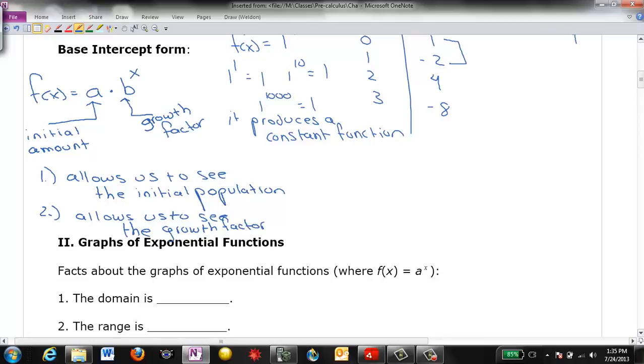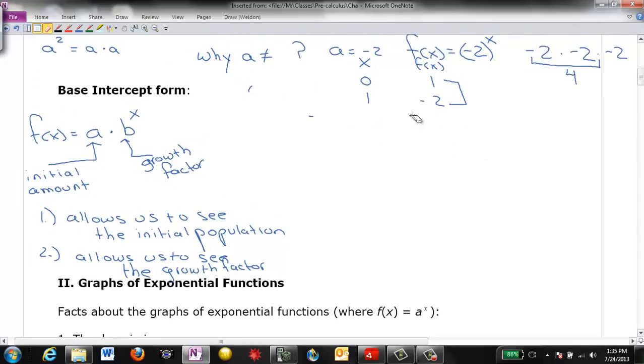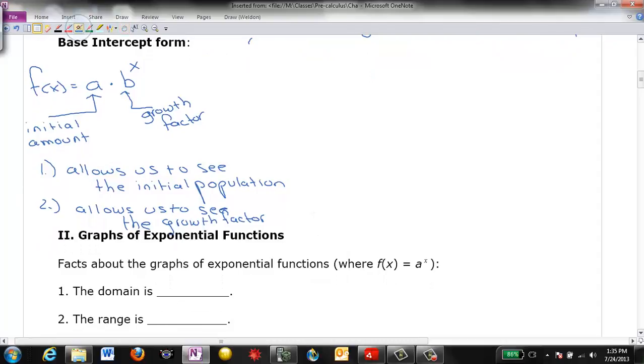So it's a very handy form to have. I'm going to go ahead and clear the room over here and give you an example of what a function in base-intercept form might look like if we're dealing with an exponential function. We're going to look at an example of exponential growth.